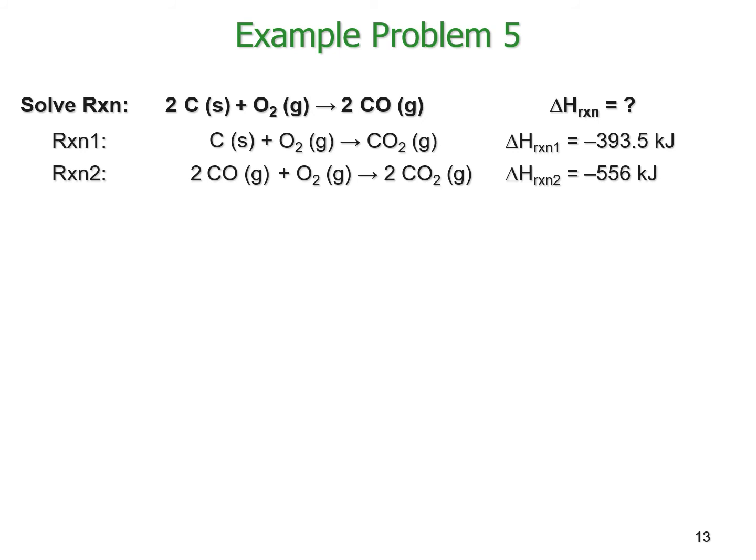As a matter of fact, the heats of reaction of both reactions have been reported. For step 1, it's negative 393.5 kilojoules. For step 2, it is negative 556 kilojoules. Now, with these two-step reactions, can we figure out the heat of the reaction of our target one?